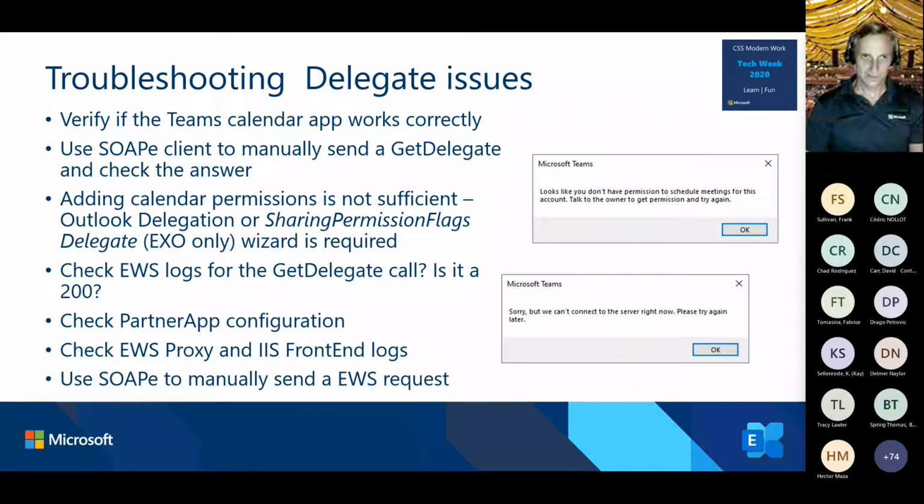But keep in mind that the delegate scheduling service is using a different user agent than the calendar service. We can use a tool called SOAPy to manually send a get delegate SOAP request to the mailbox and check the response coming from Exchange.